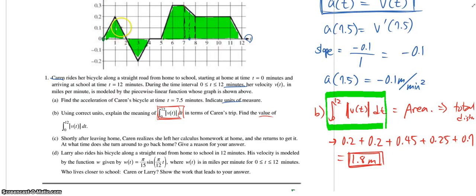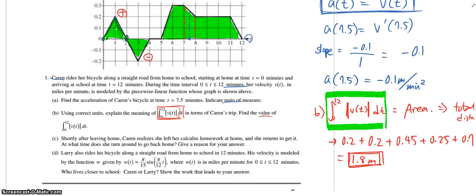And this is a velocity graph. Positive means she's going in one direction, for example to the right, for the first 2 minutes, and then from t equals 2, the sign changes from positive to negative.